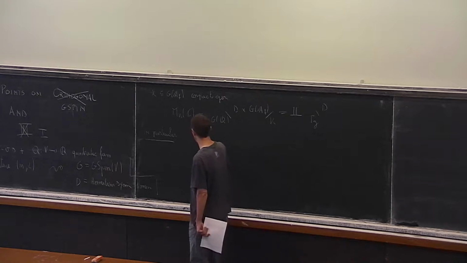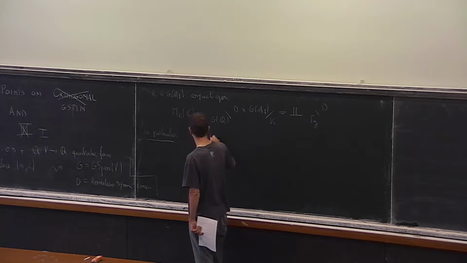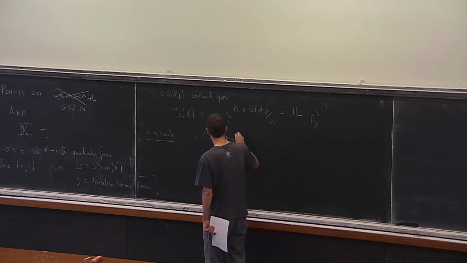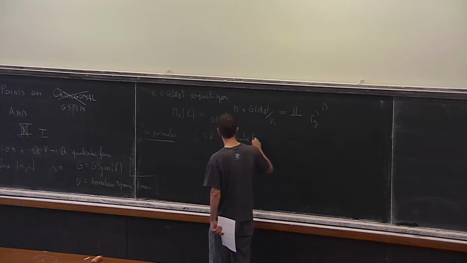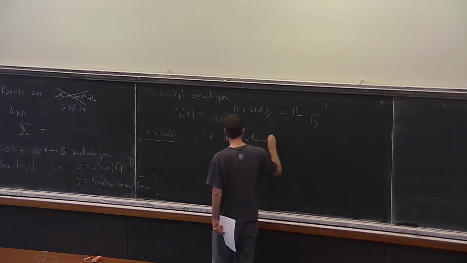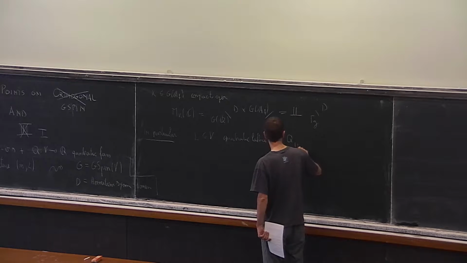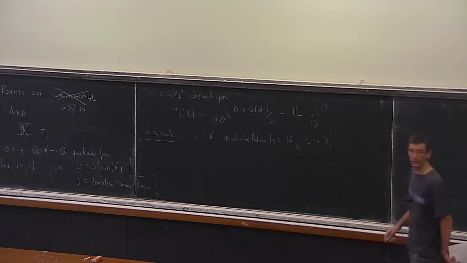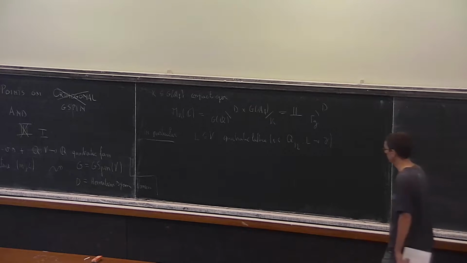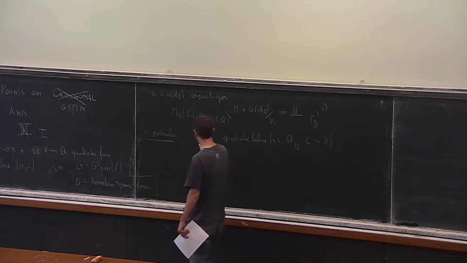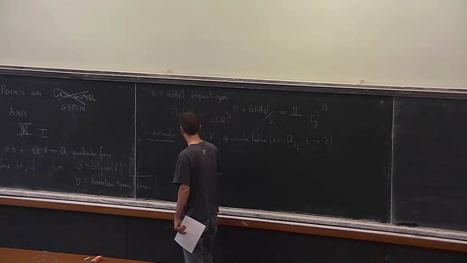And in particular, if you take L inside V a quadratic lattice, that is, Q restricted to L is integral valued on L, then to this we associated a compact open subgroup.